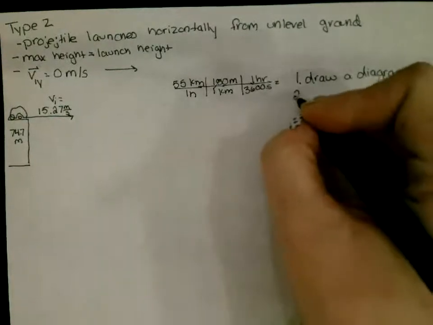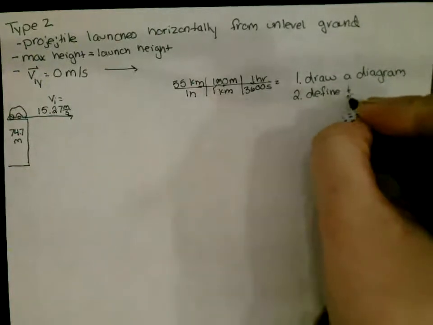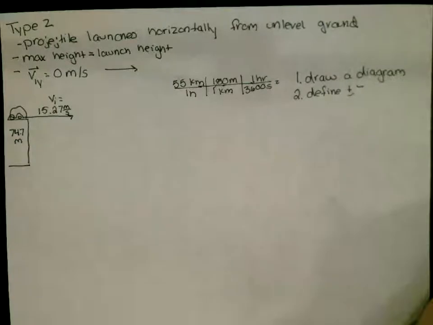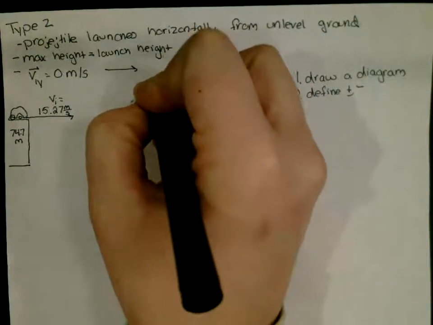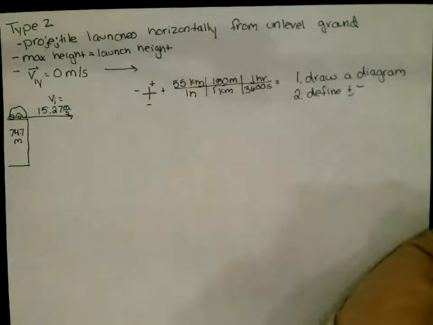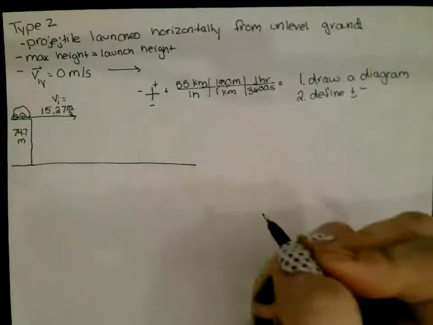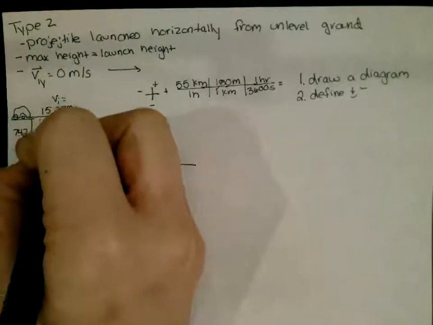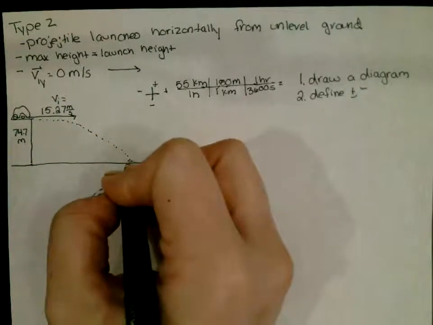Step number 2, I want to define my positives and negatives. I'm going to draw my little compass up here, and I'm going to say positive, positive, negative, negative. So my car is going to launch off this cliff, and it's going to land over here somewhere.